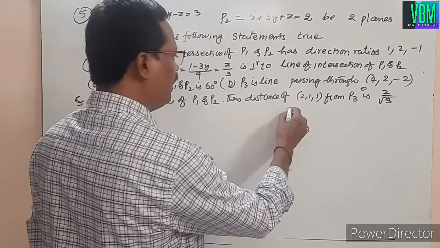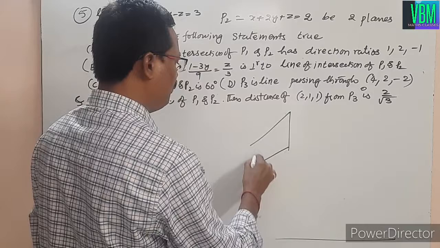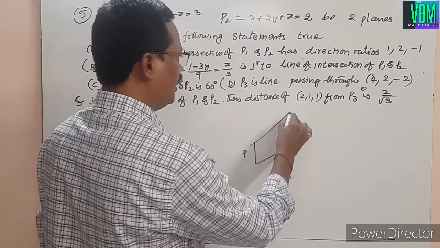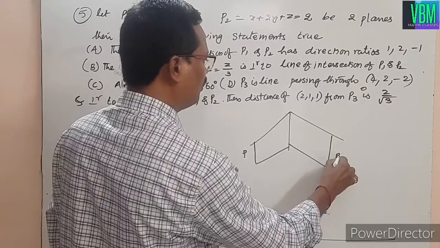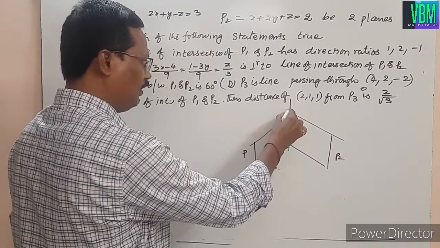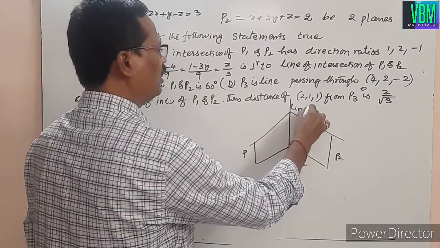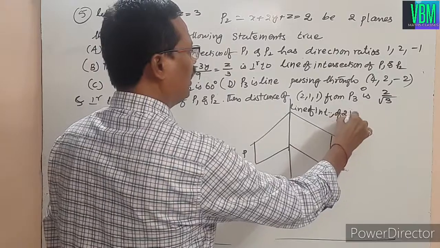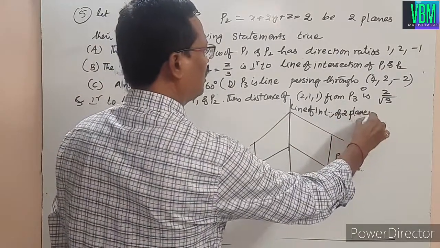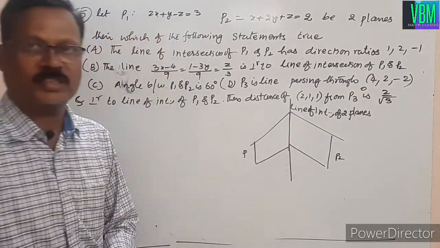Now this is plane P1, let us consider, and this is another plane P2. Now this is the line of intersection of two planes. Now how do we get the DRs of the line of intersection?